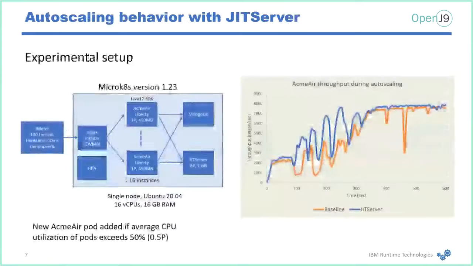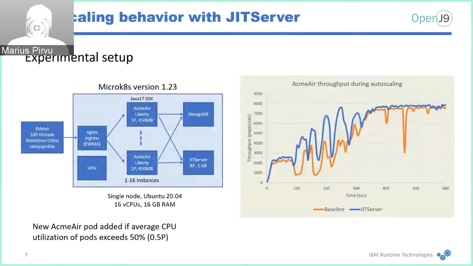Okay. So I decided to make it more complicated and show you the auto-scaling behavior when using JITServer and JITServer with the cache. The system that I'm going to use is composed of a single Kubernetes node with version 1.23. This node has 16 CPUs available and 16 gigabytes of RAM.